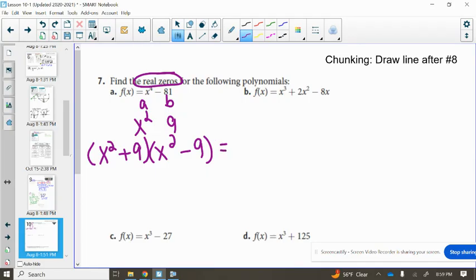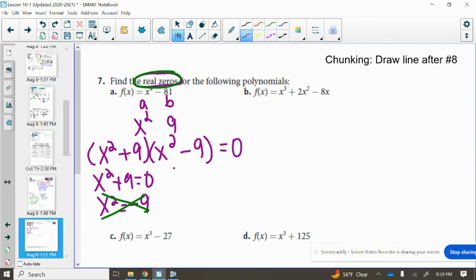And again, if we set each piece equal to 0, then x squared plus 9 equals 0, and we can't take the square root of a negative number and get a real answer. So this piece isn't going to give us a real 0.